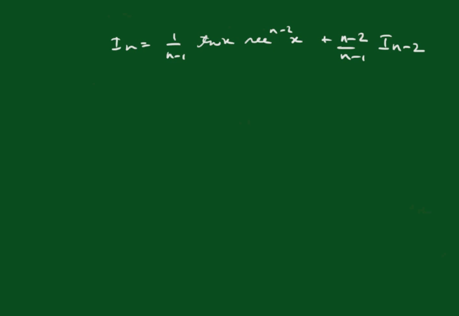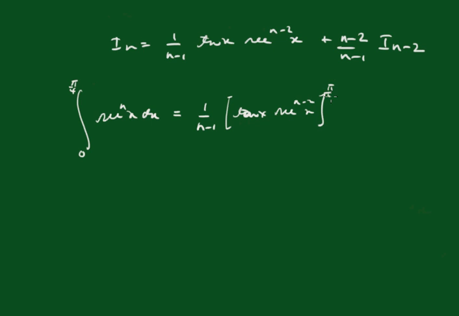Okay, now working out the definite integral, that is the integral from pi upon 4 to 0 of sec n x dx, that will be equal to 1 on n minus 1 tan x sec n minus 2 x between pi upon 4 and 0, plus n minus 2 over n minus 1 In minus 2.